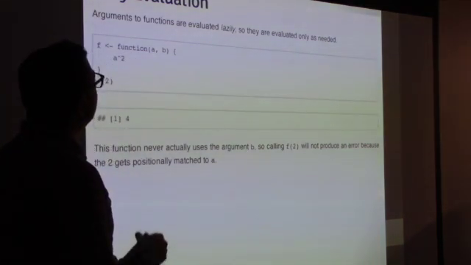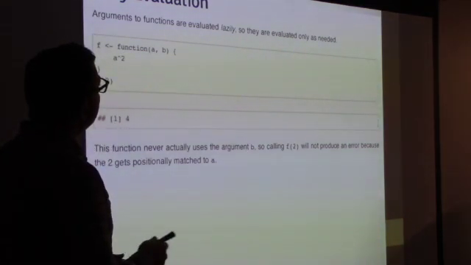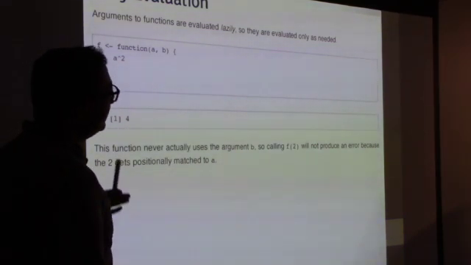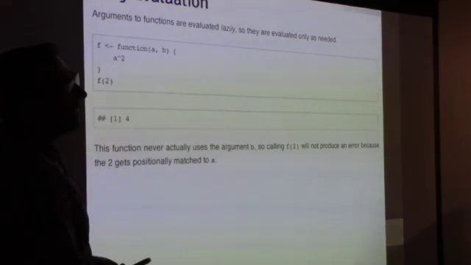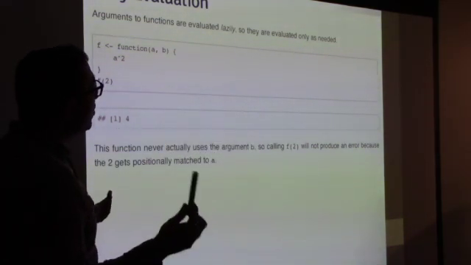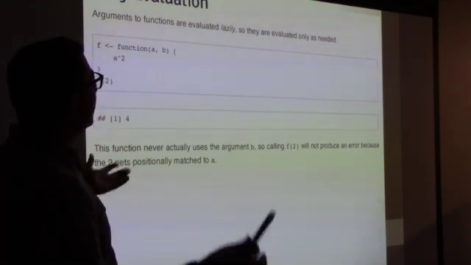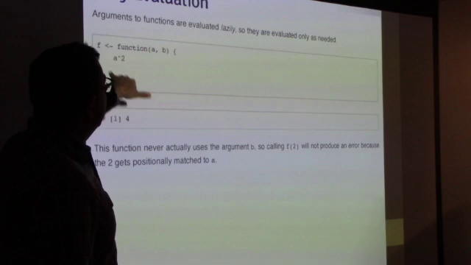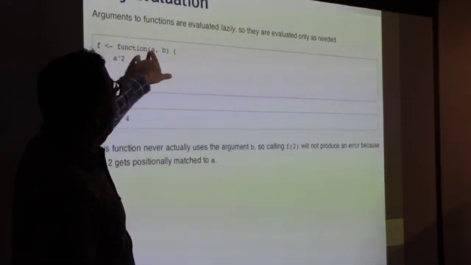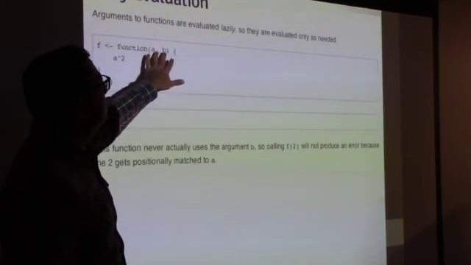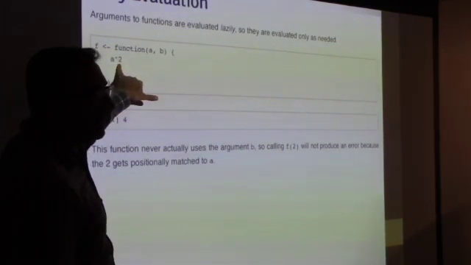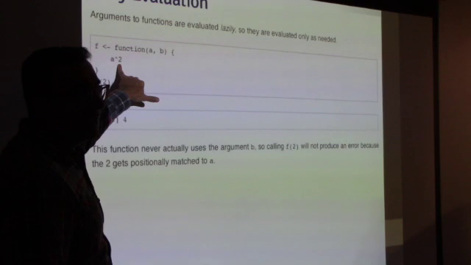Alright, so sometimes arguments to functions are evaluated lazily. What that means is they're only evaluated as needed, which is why I can have d as null, or it could just be that d doesn't have any value. In this case, b does not have a default value, and even though there are two values in the definition, I only use a squared in the body.